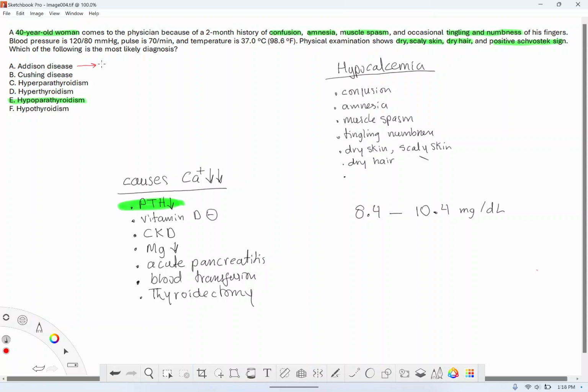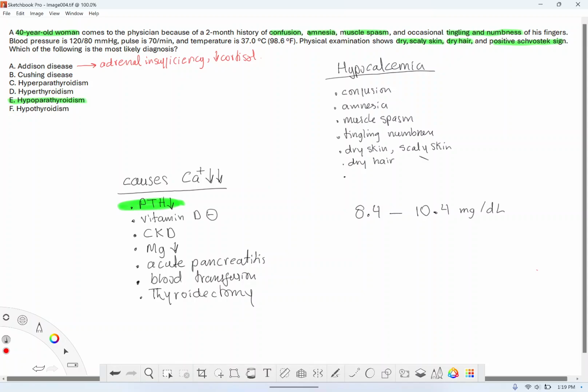Addison's disease. Addison disease is adrenal insufficiency. Usually it's adrenal cortical insufficiency, which is considered adrenal failure. So what happens? There will be less cortisol. If there's no cortisol, that leads to hypoglycemia because cortisol causes gluconeogenesis, increases your plasma glucose level.